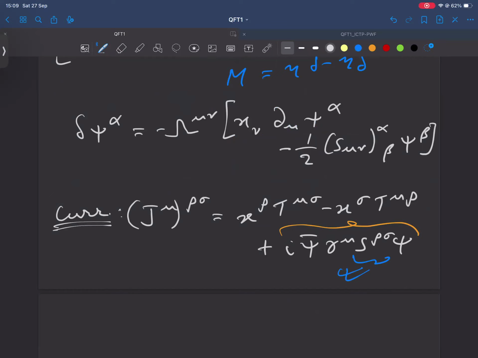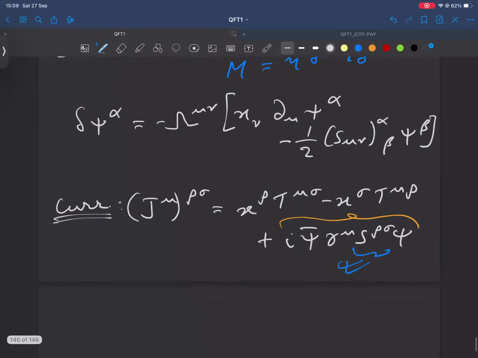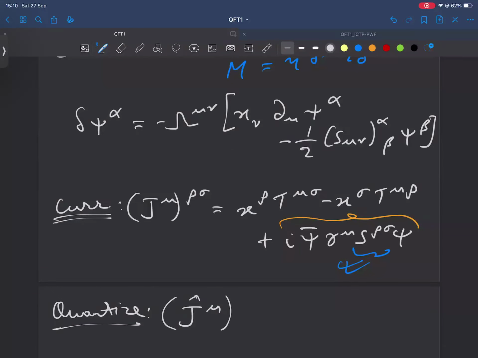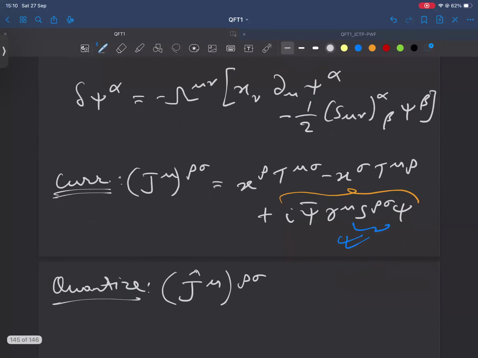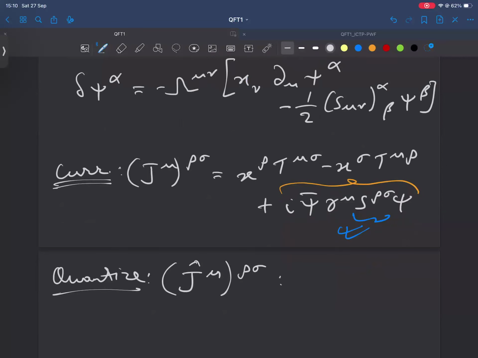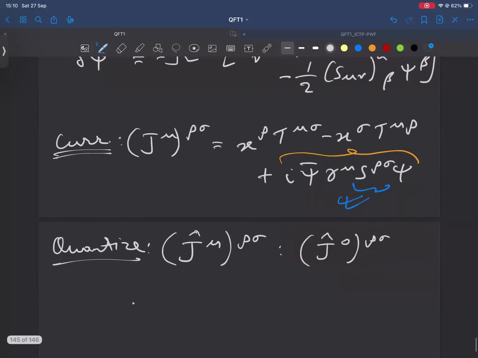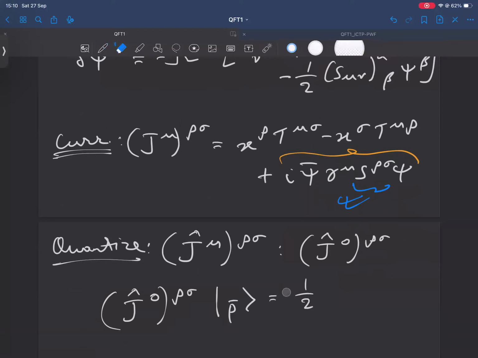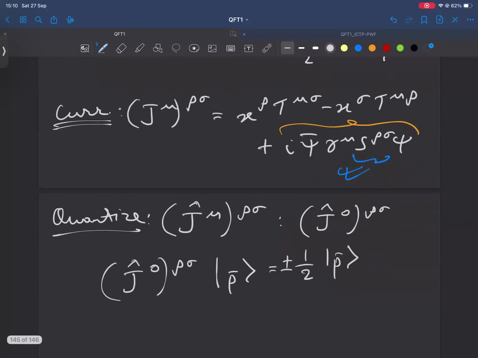So now the usual thing would be that when you quantize the theory, this will turn out to be an operator. And then if you look at the components of it, like J0 rho sigma, just as you had done for the scalar field case, if you act it on a one particle state, you will get it to be spin half or minus half depending on the particle or the excitation you are acting on.